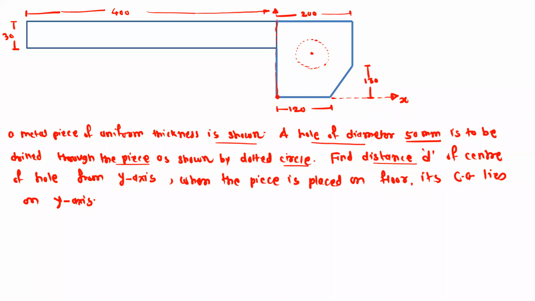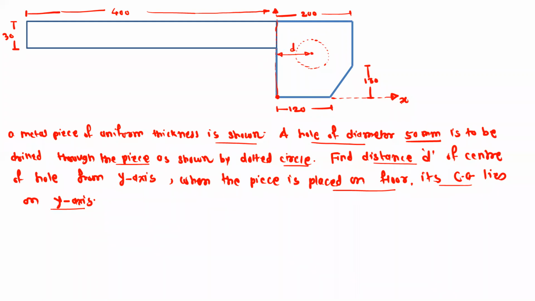Find the distance d of the center of the hole from the y-axis, and the condition is when the piece is placed on the floor, that is the horizontal surface, its center of gravity lies exactly on the y-axis. Okay. So we have to determine the position of the center of this hole with respect to the y-axis. So this is the distance d, which is to be determined.